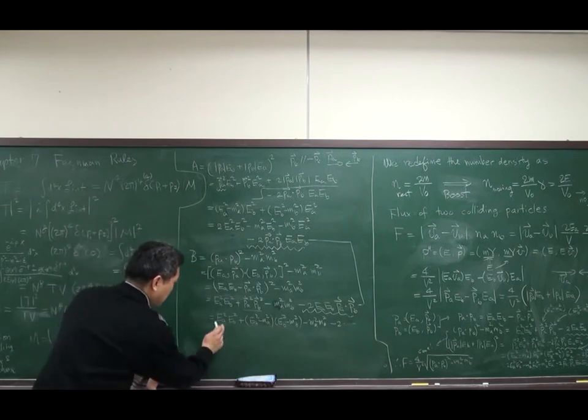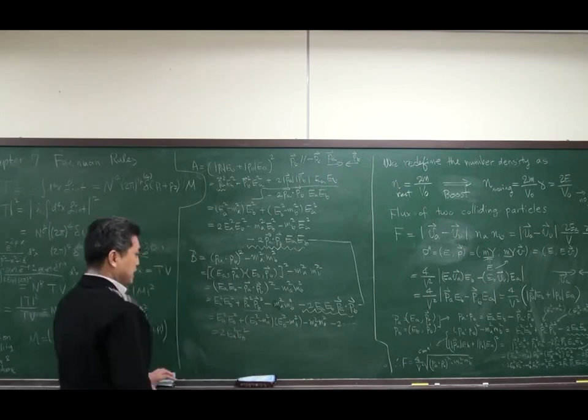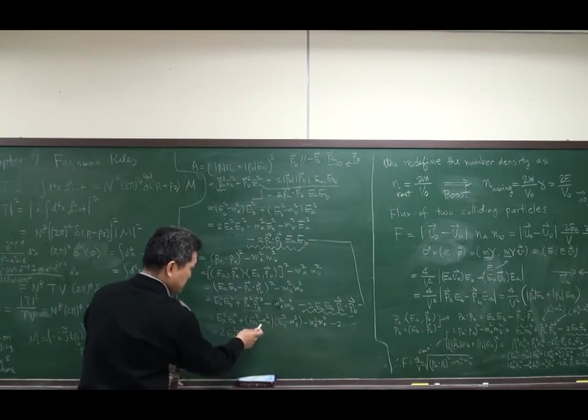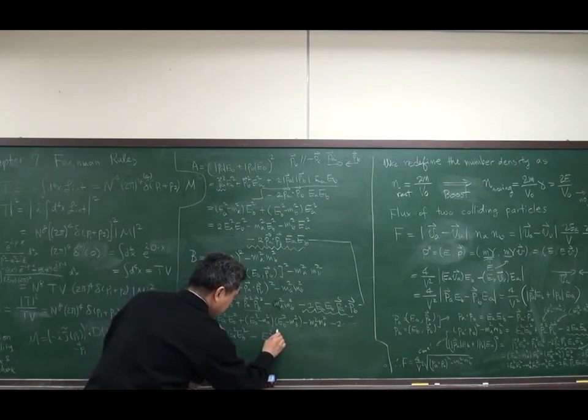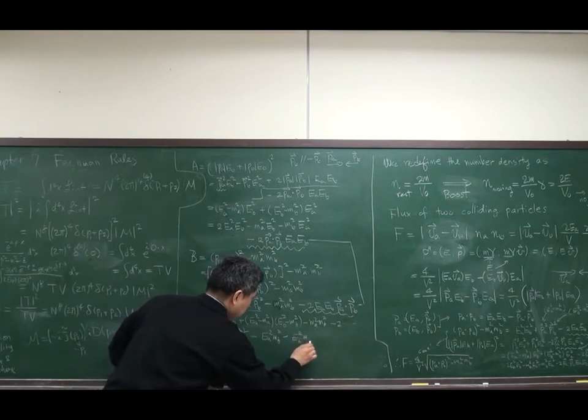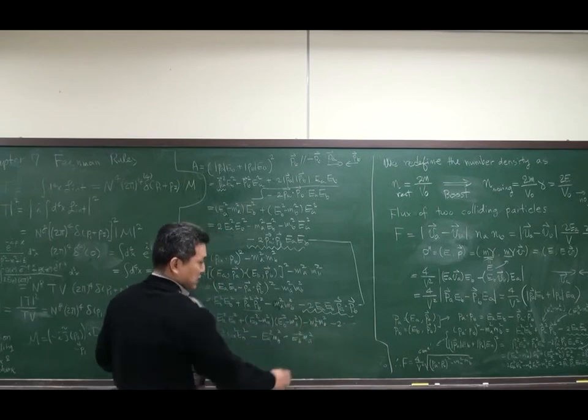This one gives the same thing, 2 times EA squared EB squared, and EA MB, MA EB, minus MA squared MB squared, they cancel.